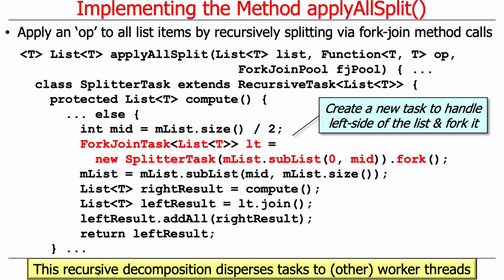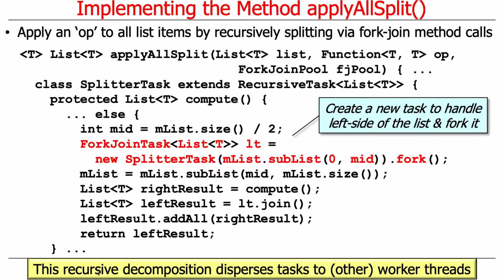So we're going to basically take the first half of the list, the left-hand side. We're going to make a splitter task, so that'll get a sub-half of the list. And then we take that new splitter task, and we fork it, and we store it in this new LT fork join task, which is a fork join task to a list of T.